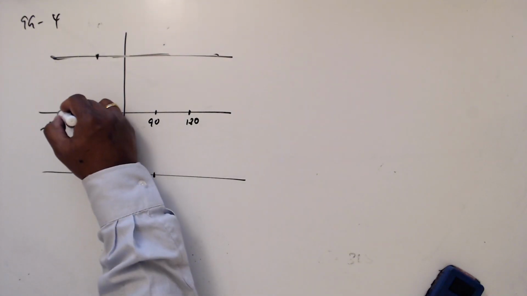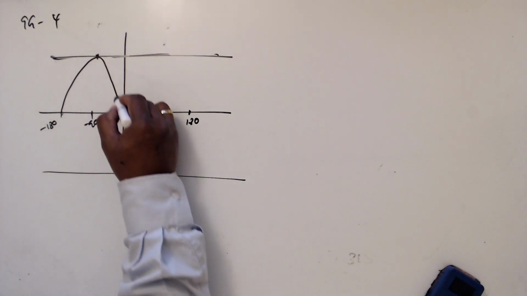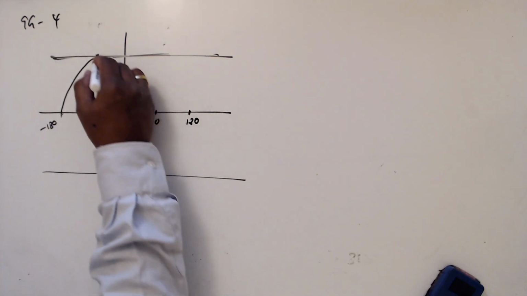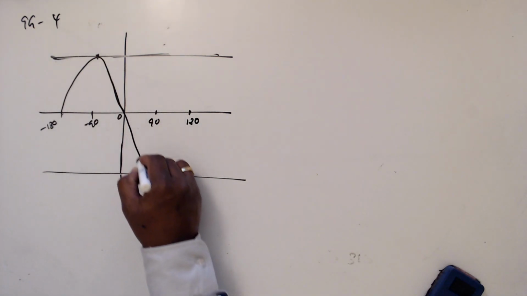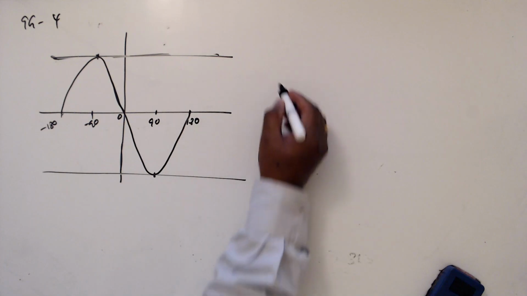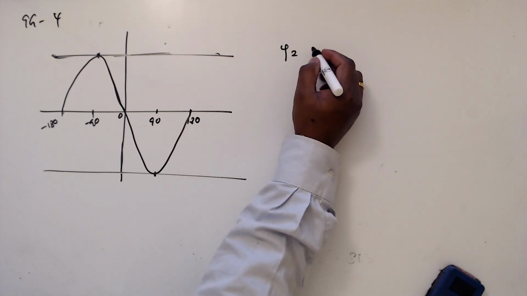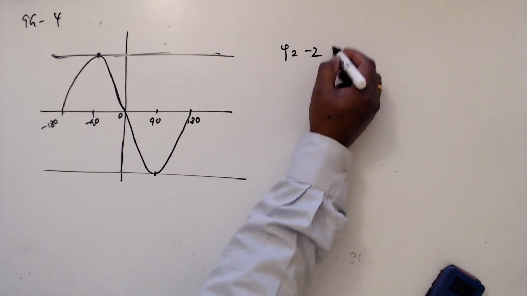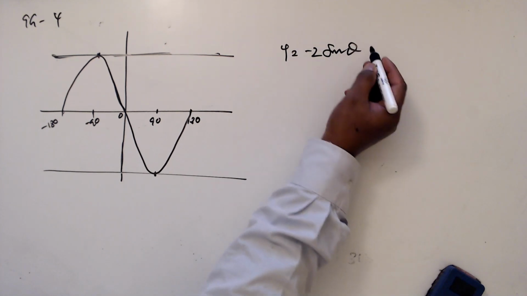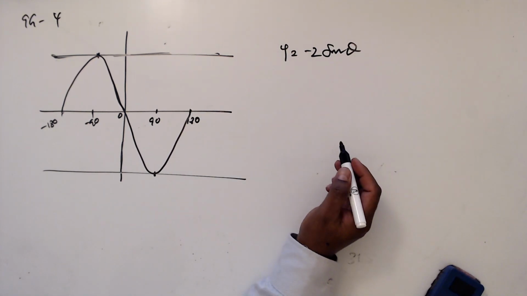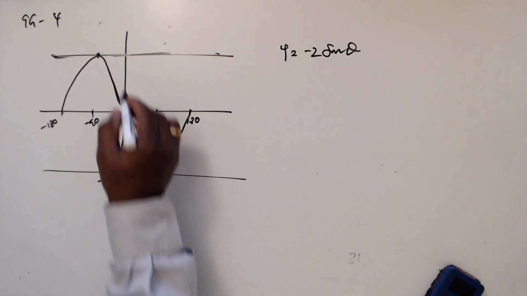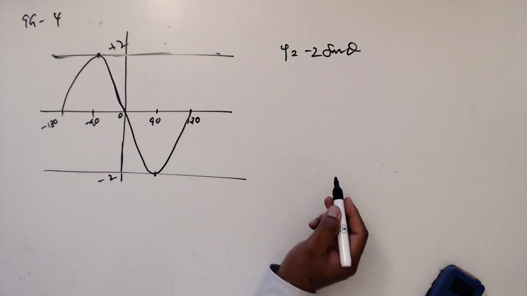This is question number 4, part 1, y equal minus 2 sine theta. And this is going to be minus 2 and this is going to be plus 2.